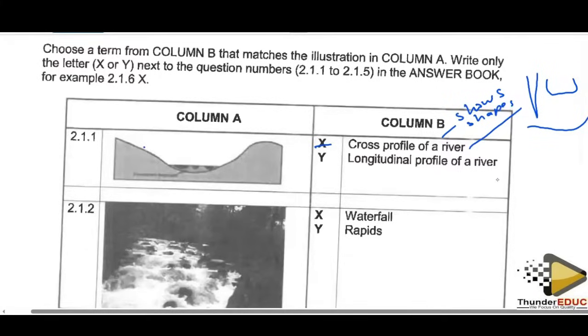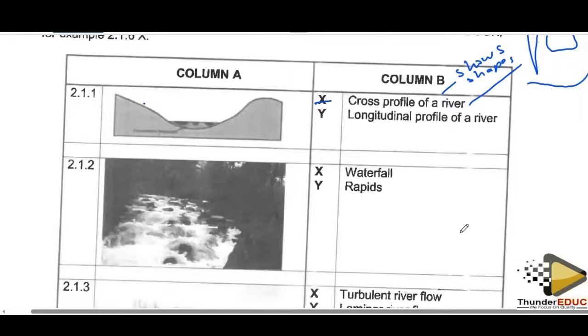All right, 2.1.2, X is a waterfall and Y is rapid. And as you can see, this isn't a waterfall because for a waterfall, water has to be flowing over a resistant rock or where there is a cliff. So this is a cliff, for example, and this could be our water flowing over this point, forming waterfalls.